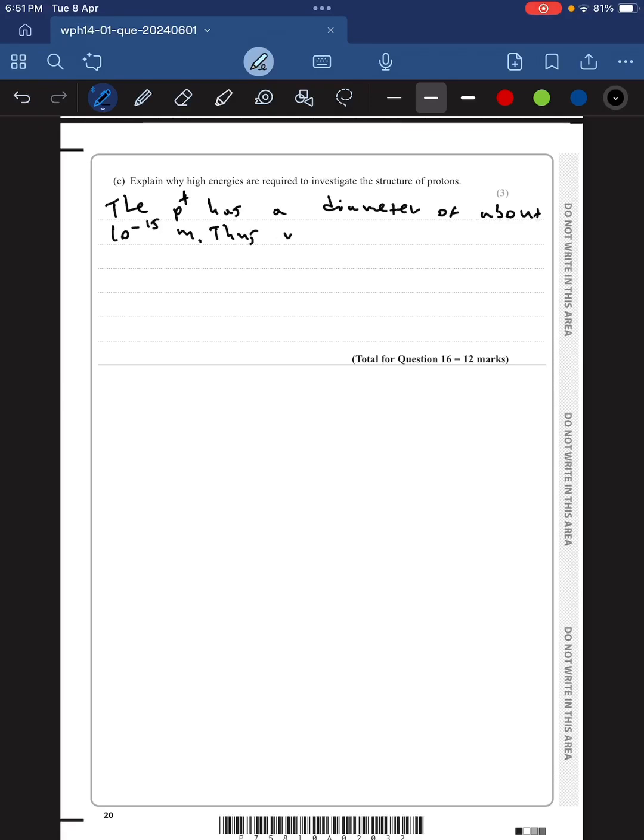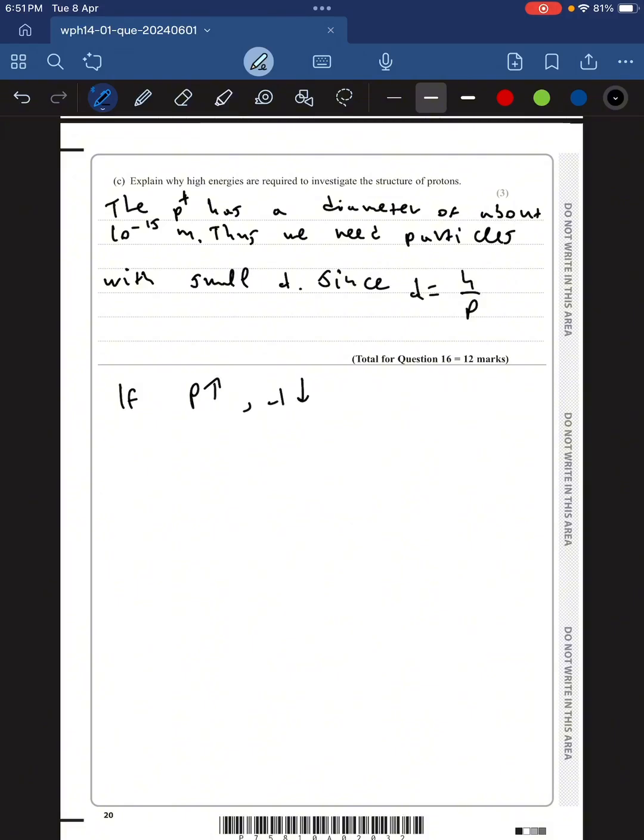Thus, we need particles with small lambda. Since lambda is h over p, this is de Broglie's formula, okay? Since the wavelength is inversely proportional to the momentum, if p is large, lambda is small.